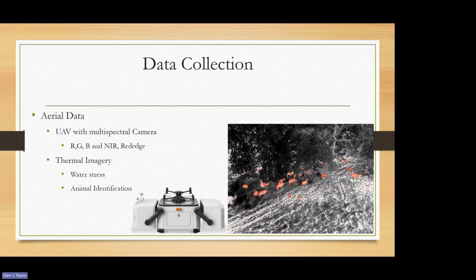So you can record an image that just shows the red reflectance, the green reflectance, blue reflectance, near-infrared reflectance, and what's called the red edge. Those last 2 are very helpful to indicate plant health through some physical changes in the plant.